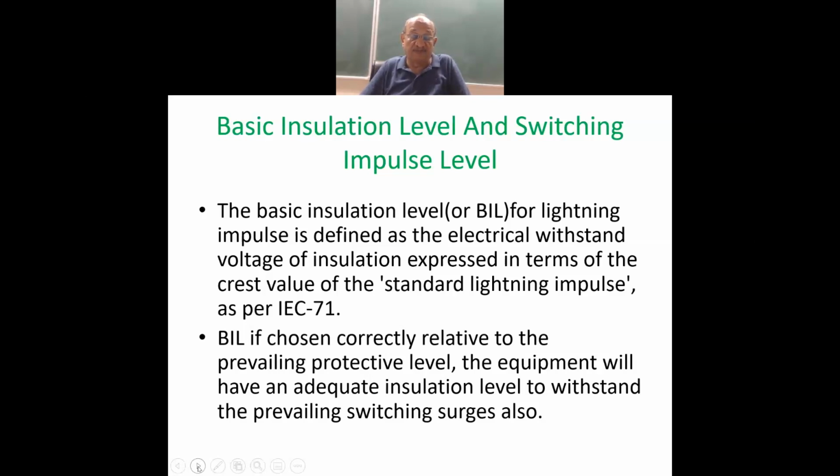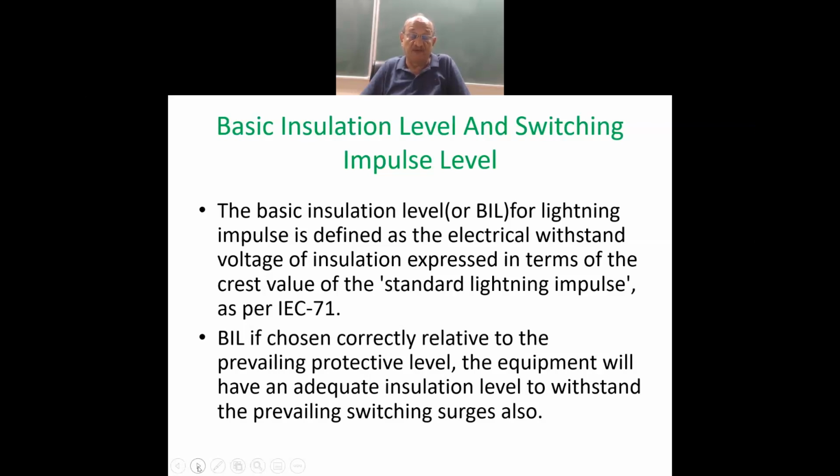So the basic insulation level, BIL, for lightning impulse is defined as the electrical withstand voltage of insulation expressed in terms of the crest value of the standard lightning impulse by the IEC, the International Electrotechnical Commission 71.